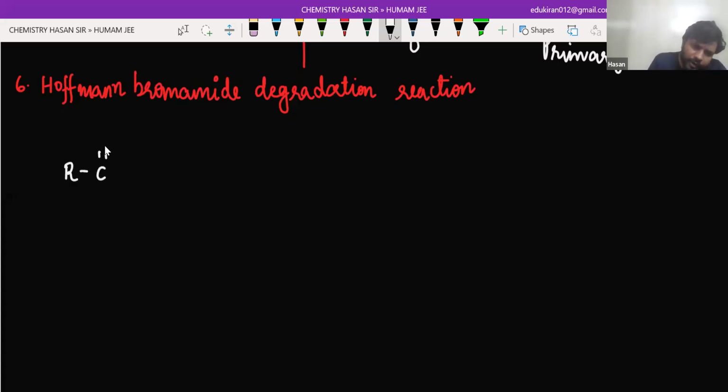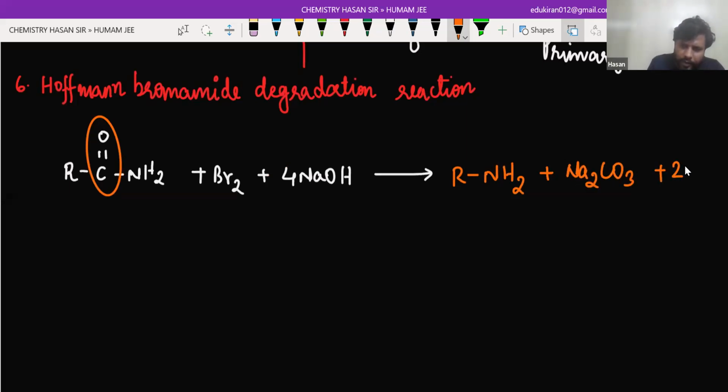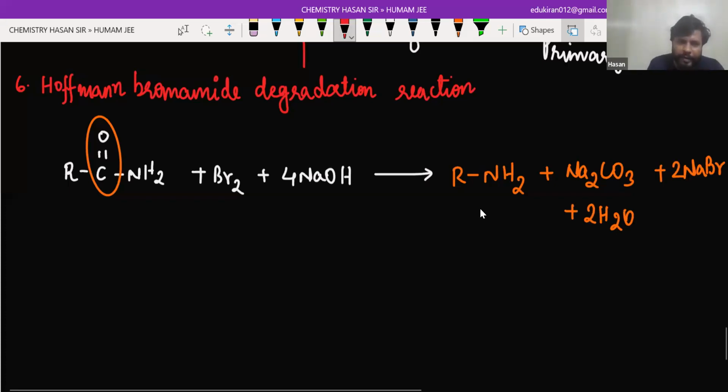If you react amide with Br2 in the presence of NaOH, to balance I'm going to take 4 moles of NaOH. Now what will happen is very important. This whole carbonyl group will be eliminated and it becomes RNH2. This CO will go with sodium and become Na2CO3, along with NaBr and H2O. And this is the Hoffmann bromamide degradation reaction, very important it is.